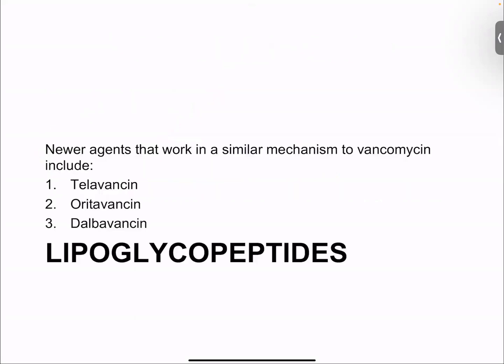All right. So that's the glycopeptide. We've made some derivatives of these glycopeptides that have evolved into what we'll refer to as the lipoglycopeptides. So we still have the sugar, we still have the peptide, but now we have a lipophilic tail associated with these molecules. Right?